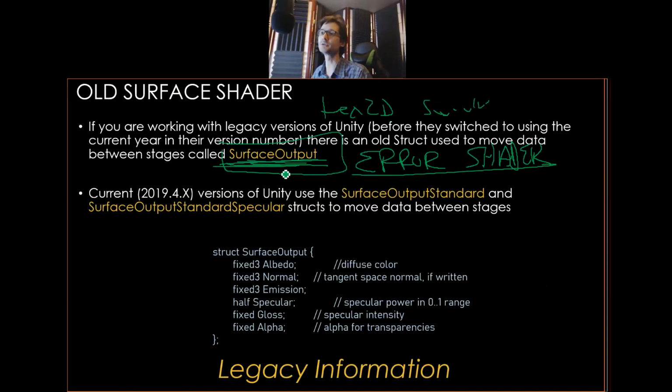And it's because you're using the wrong one for the pipeline you're working with. I'm going to say it one last time, because I know it's going to hit someone. Beware of SurfaceOutput and SurfaceOutputStandard and SurfaceOutputStandardSpecular. They are different and they will cause you errors. Please write that down. Okay?